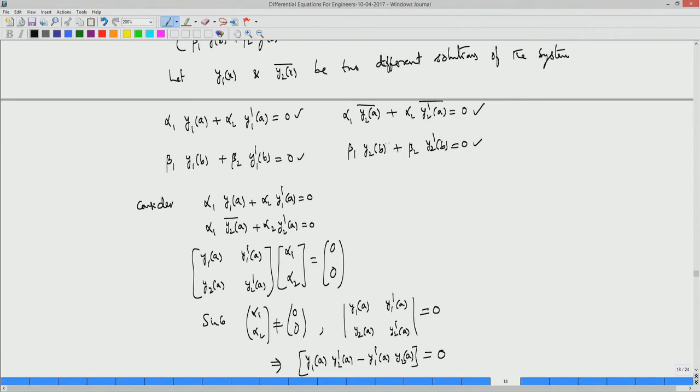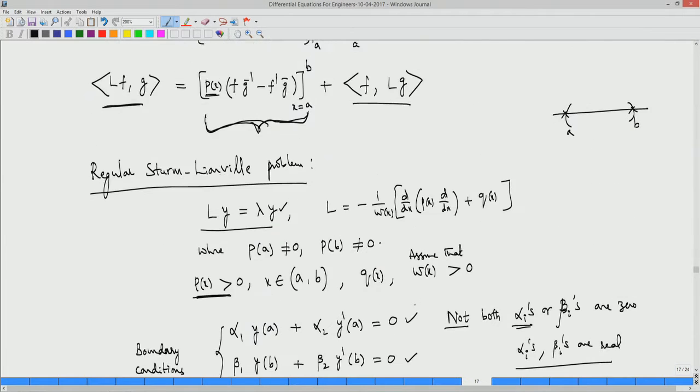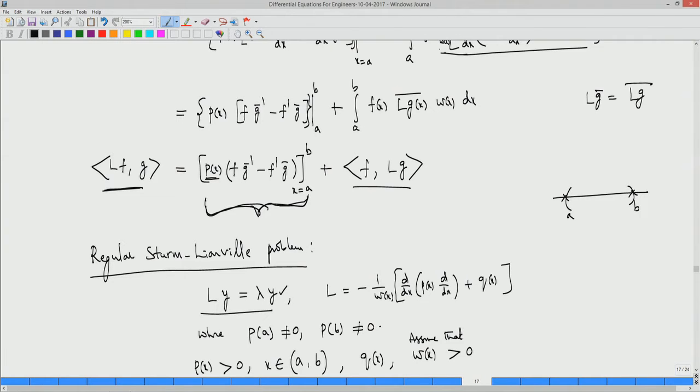Then you have this one, you can make bars here, because alpha 1, alpha 2 are real. You do not have beta 1, beta 2 all real, so you can put bars there. So these are bars, and that is exactly what you have in your form. So this is y2 bar. This is exactly the lower limit of this special term, where P at a, when you put x equal to a, f and g are two solutions, f and g bar are two solutions.